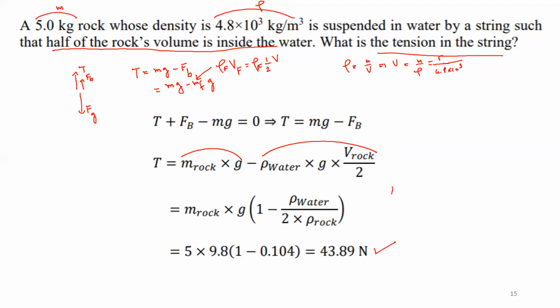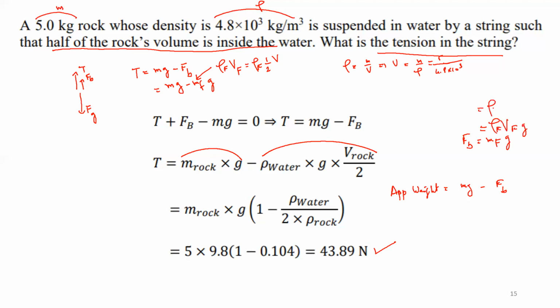Okay. Apparent weight is equal to real weight minus buoyant force. And buoyant force is equal to mf g. So here it's just rho f, which is water, vf g.